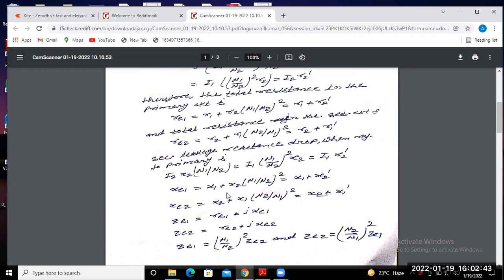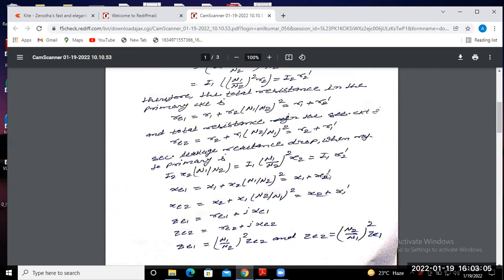Okay, X1 plus X2 dash. And for the primary side leakage reactance referred to the secondary side, the summation is the secondary side leakage reactance X2 plus X1 referred to the secondary side, that is X1 into (N2 by N1) whole square, which is represented by X1 dash.